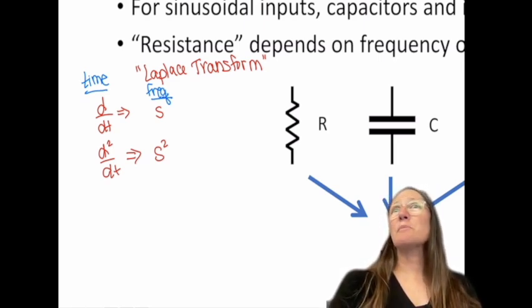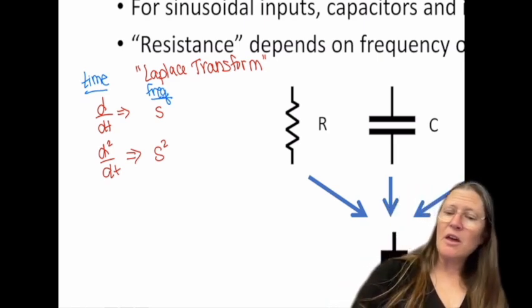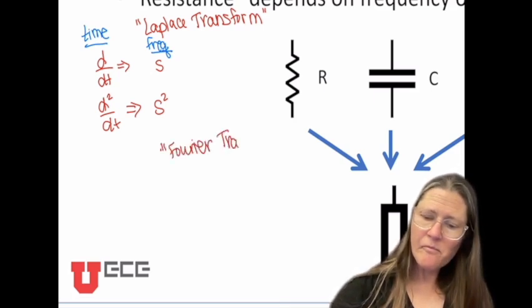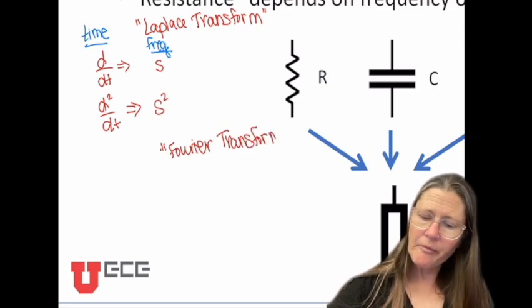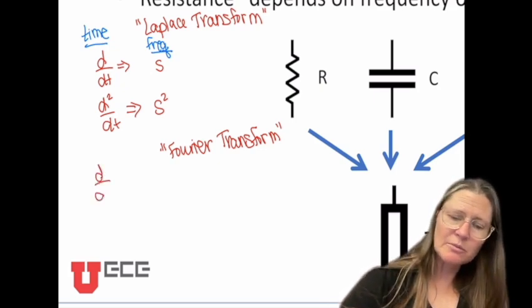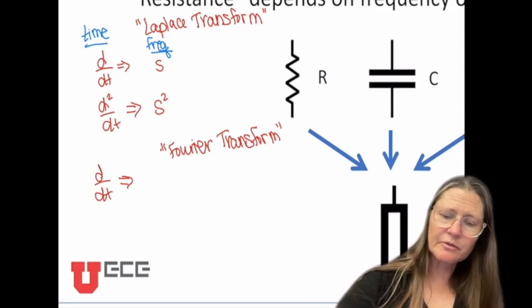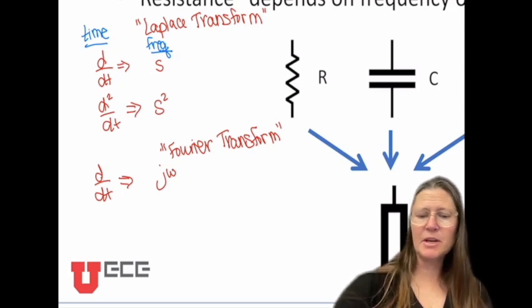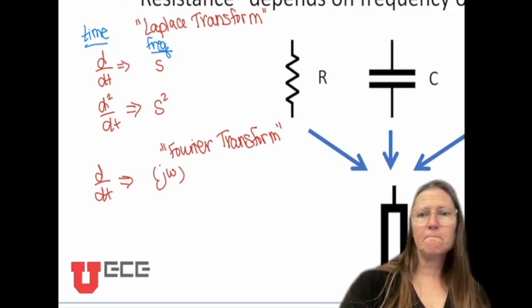This is really a powerful thing. There's another one called the Fourier transform, and it does the same thing. In the time domain, it's a differential, and in the frequency domain, it becomes j omega.